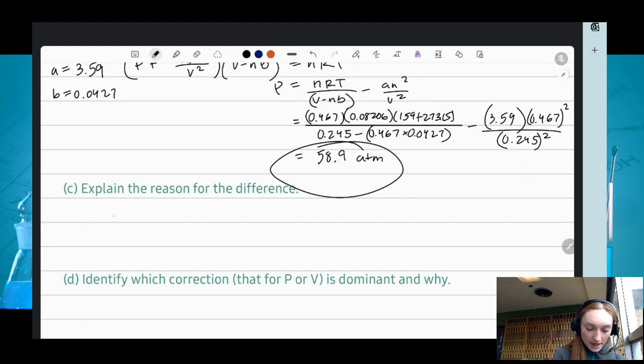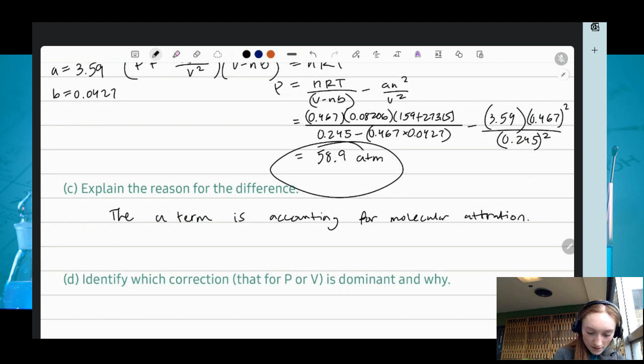As I was saying, the a term, let's write that down first, is accounting for molecular attraction. The b term is accounting for molecules taking up space.